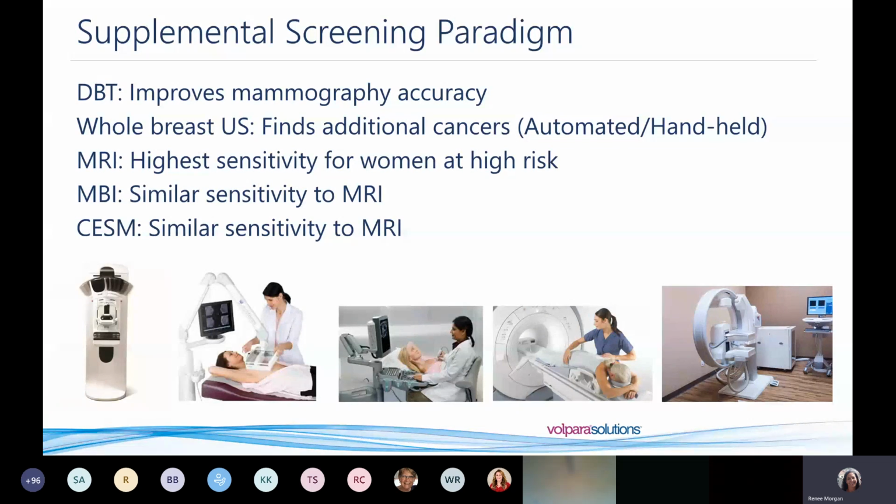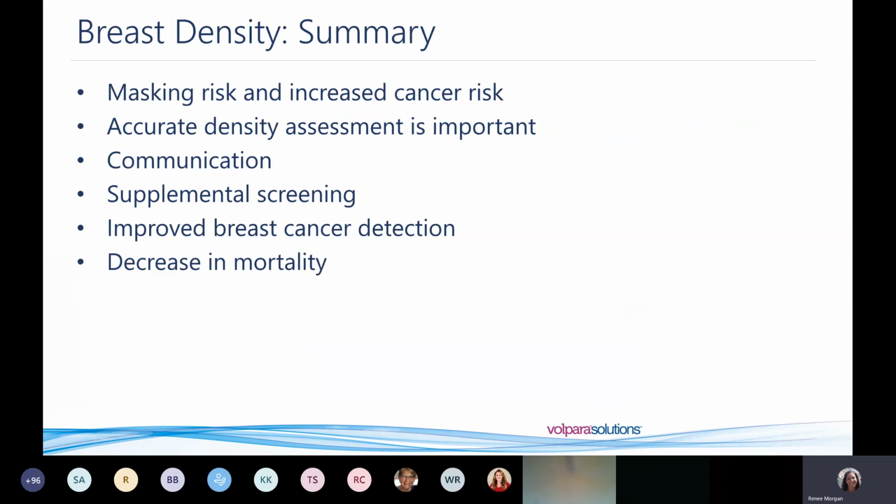MRI has the highest sensitivity for women at high risk. Molecular breast imaging and contrast enhanced spectral mammography have similar sensitivities to MRI. So there are tools out there that we can offer as far as supplemental imaging for patients.